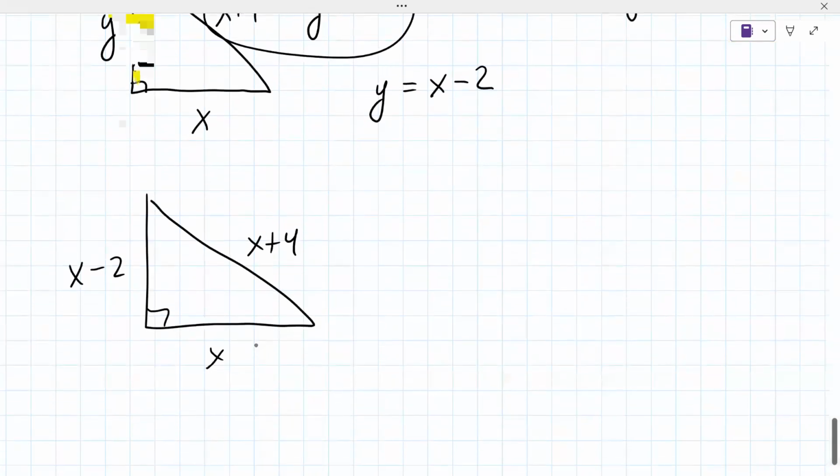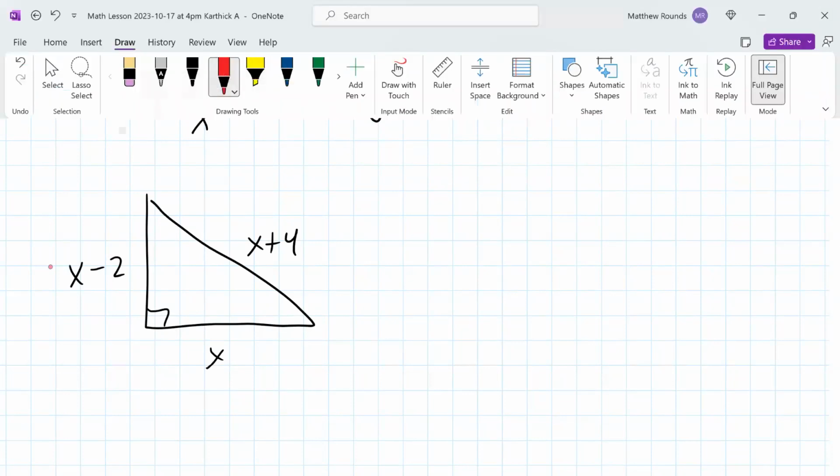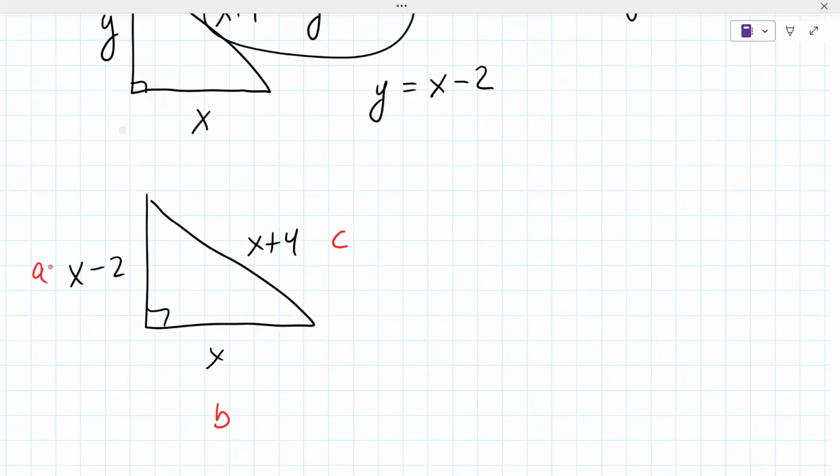So now you can treat this as, we have A, we have B, we have C. So you have A squared plus B squared equals C squared.